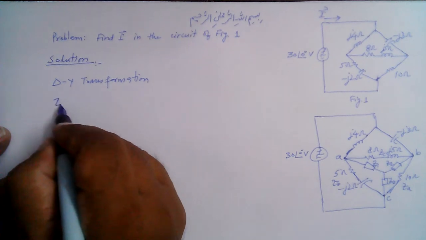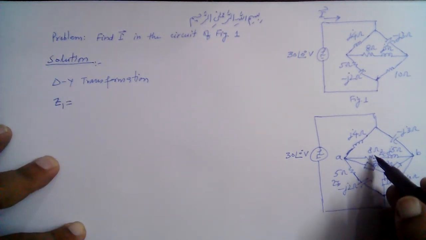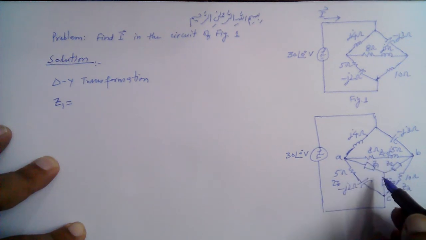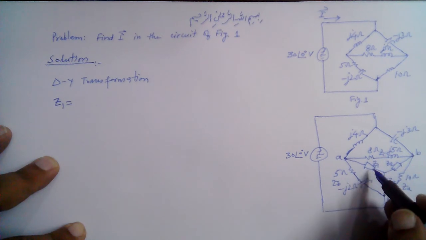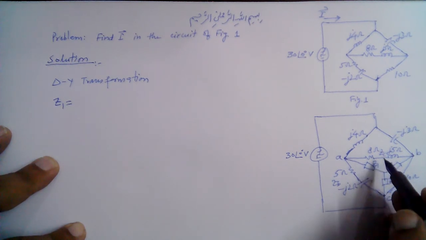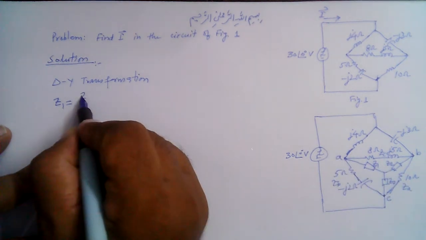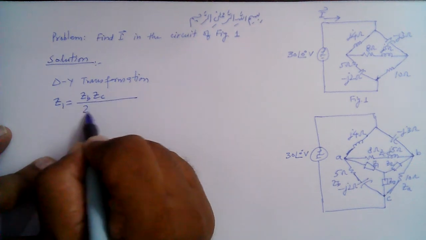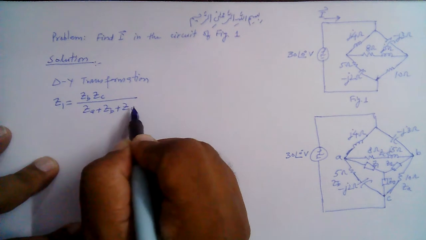So Z1 is equal to the product of the adjacent impedances divided by the sum of all the impedances in this delta combination. The adjacent impedances are ZB and ZC, so Z1 is ZB multiplied by ZC divided by ZA plus ZB plus ZC.